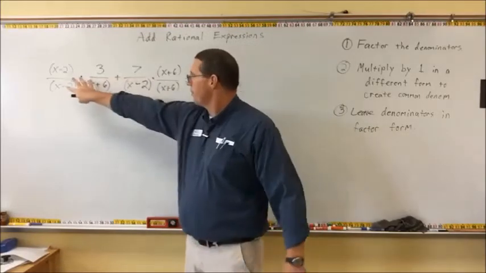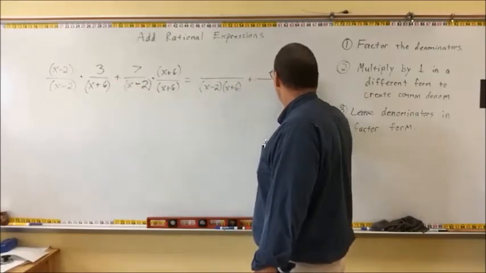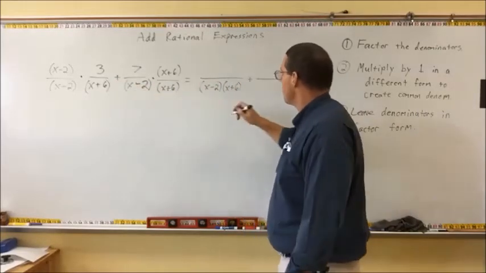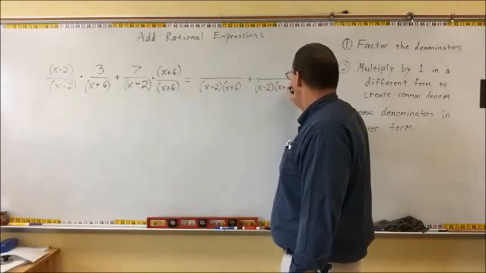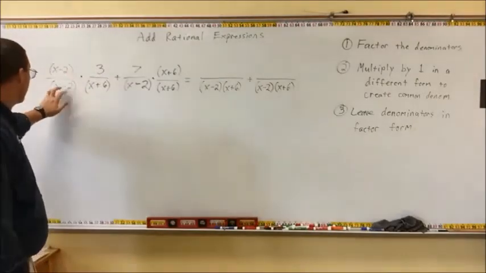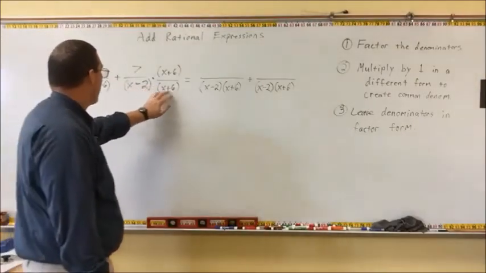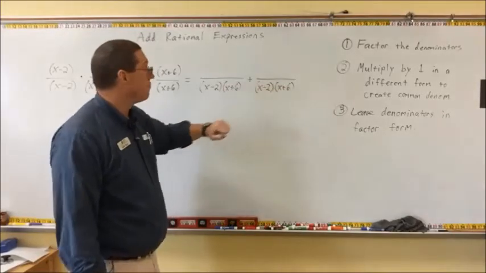That's the denominator for this one. Plus, again, x minus 2 times x plus 6. Because remember, when you multiply fractions, you just multiply straight across. This times this. This times this. So that gives you this. We're just going to leave it as factored form.